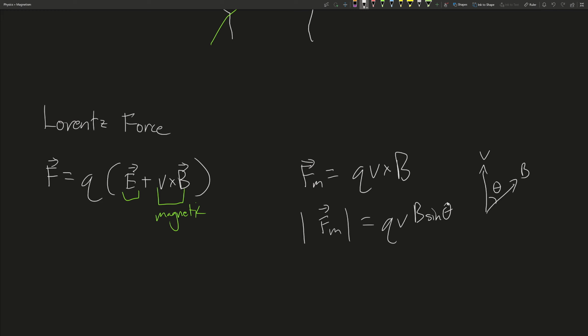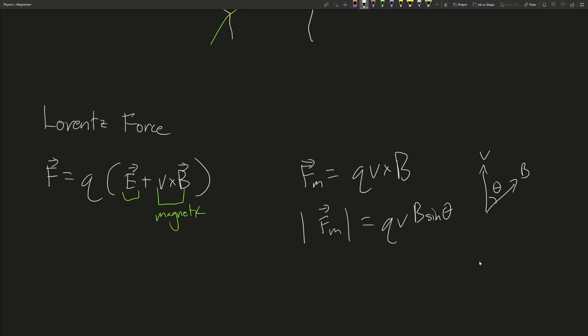One thing to note is that the cross product, this force, is going to be perpendicular to both these vectors because of how the cross product works. In the right-handed coordinate system that we usually use, the cross product is right-handed, which means that if you use your right hand and start with your fingers pointed in the direction of V, and then curl them towards B, the way your thumb is pointing is the way F is pointing.